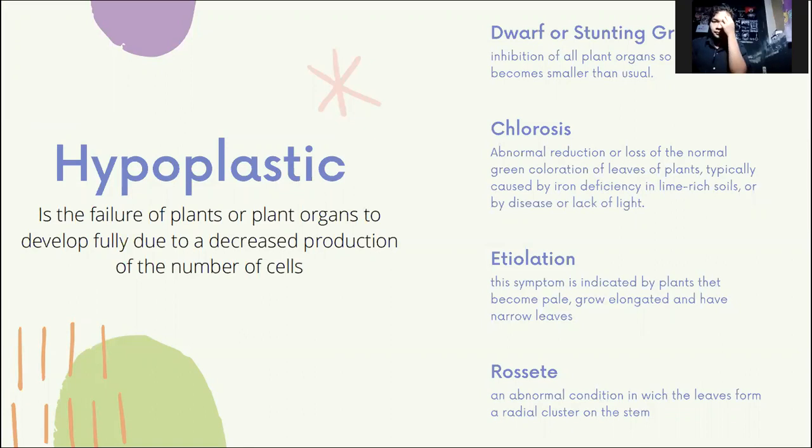Hypoplastic. Hypoplastic is the failure of plants or plant organs to develop fully due to a decreased production of the number of cells.